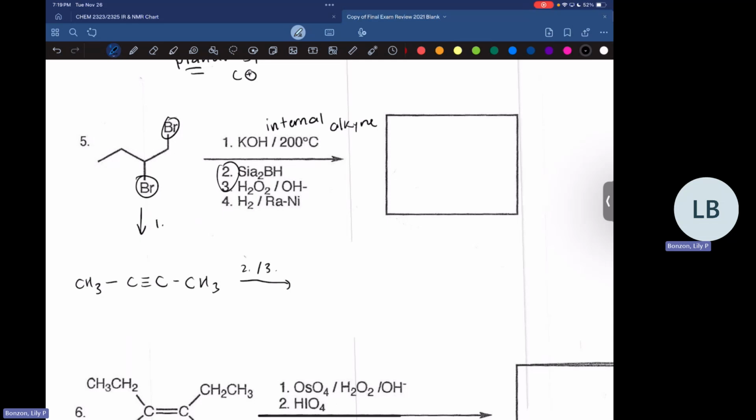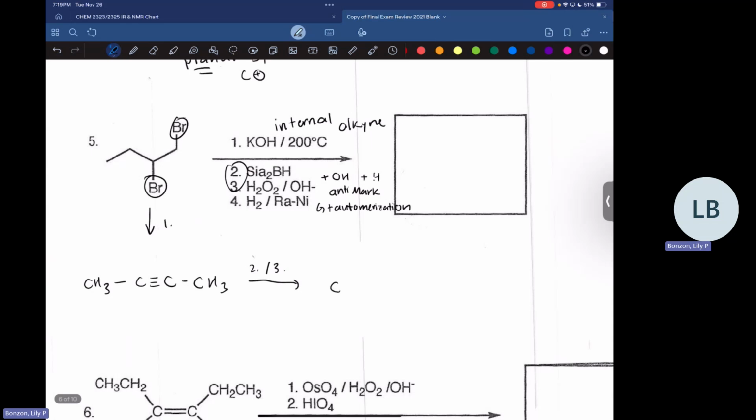This one does an addition of OH and H anti-Markovnikov. And then it also does the tautomerization, and our end product is going to be a carbonyl, a C double bond O. In this case, the structure is symmetrical, and there's not a difference between the two carbons in the triple bond, so you could draw the carbonyl on either side of that triple bond. So we're going to end up with this ketone.